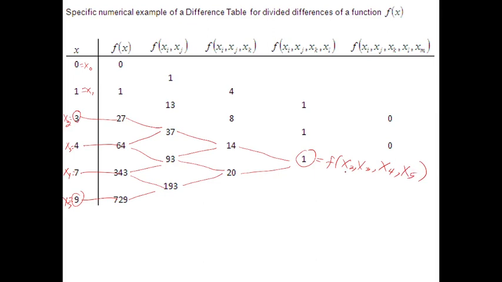And by formula, f of x sub i, x sub j, x sub k, x sub l, the third order divided difference, is f of x sub i, x sub j, x sub k, minus f of x sub j, x sub k, x sub l, over x sub i minus x sub l.